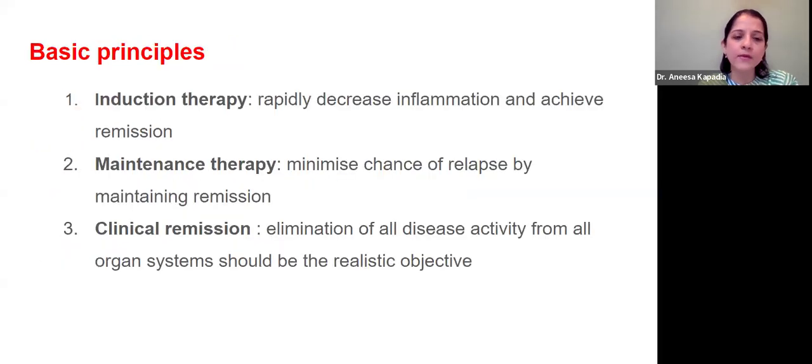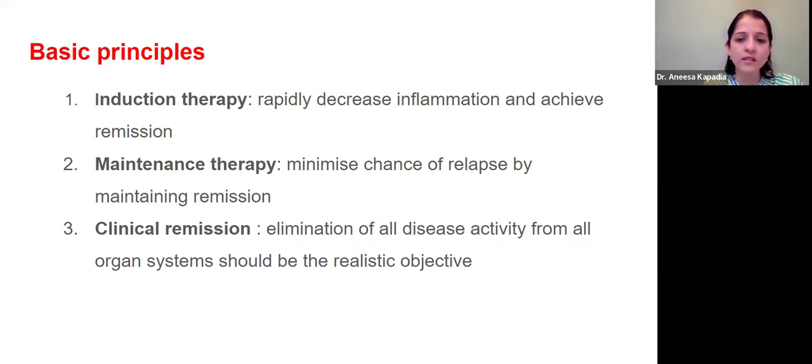So what is the basic principle? In all rheumatological diseases, especially connective tissue diseases, we always approach patients with therapy with this basic thought process. First we must induce the therapy, that is rapidly decrease the inflammation and induce remission, that is known as induction therapy. We must then maintain this induction by giving medicines to maintain the remission.